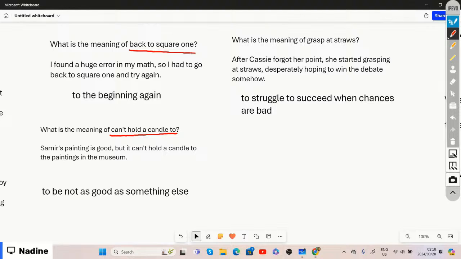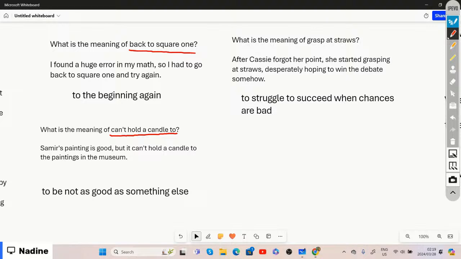So we need to say what the meaning of can't hold a candle to is. Remember, it's nothing to do with holding a candle.